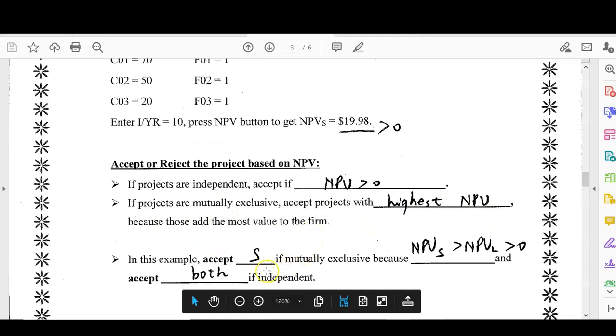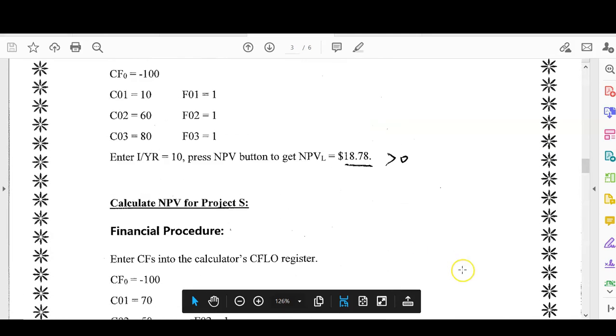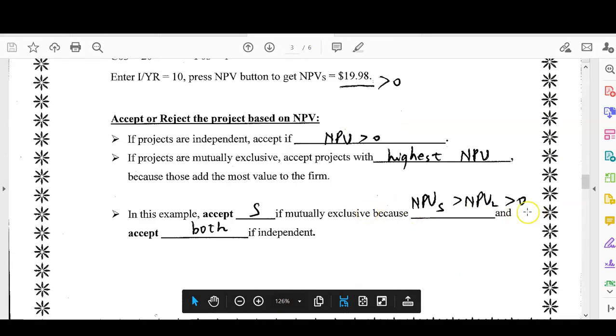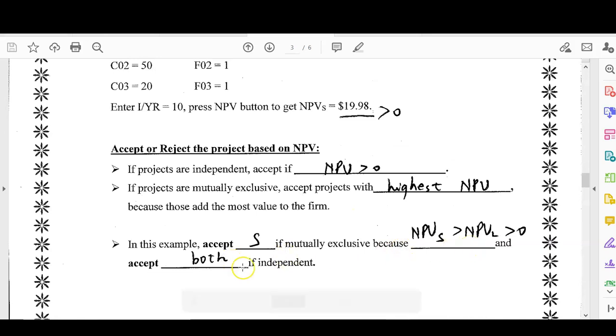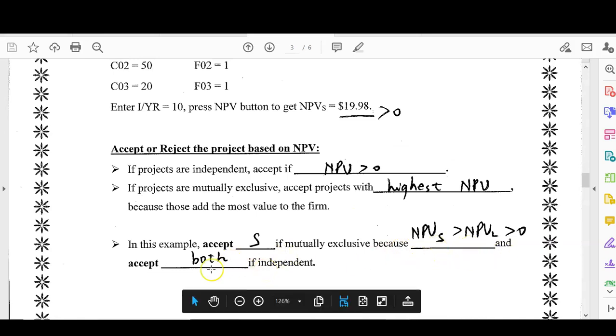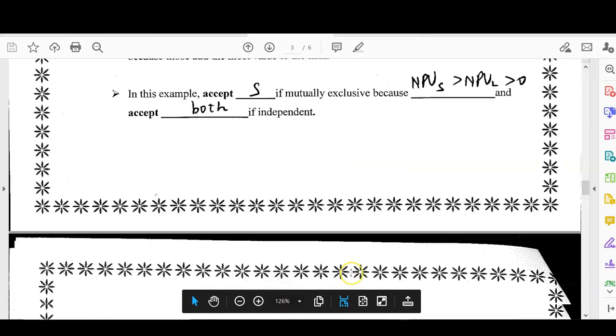So in this example, if these two projects are mutually exclusive, because NPV of S, 19.98, is larger than NPV of L, 18.78, and they're both larger than 0, we would accept only S, the one with the highest NPV. We would accept both S and L if they're independent from each other, because both have positive NPV. Okay, so this is how we make decisions based on NPV.